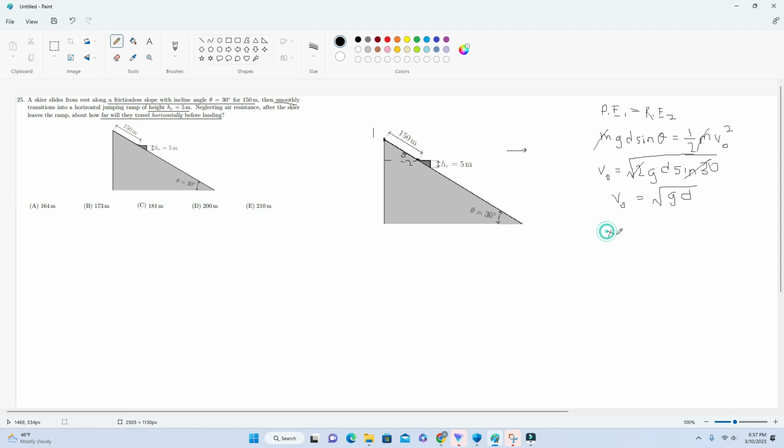So we can set our horizontal distance function x of t equal to v initial times t final. Basically, this time is when it finally hits the ground. We already know what the initial velocity is. If we can find at what time, starting from here, it'll hit the ground, we pretty much solve the problem. So now the real question is, how are we going to find this t final?